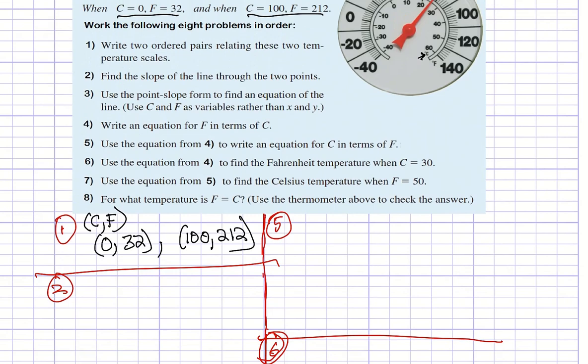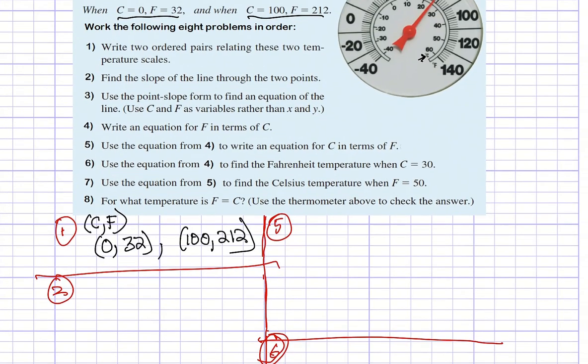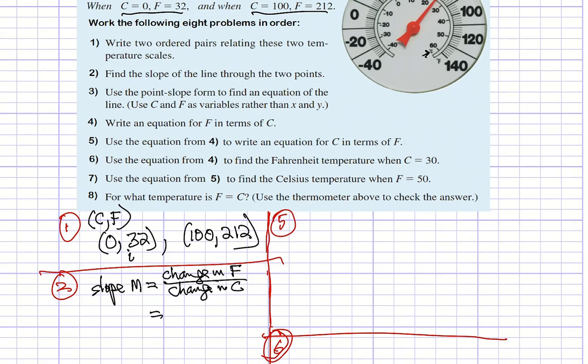Number two, find the slope of the line through the 2 points. So you have 2 points, so you can find the slope. Remember slope? Slope is m equals change in y over change in x. To say it appropriately here, slope is change in F over change in Celsius. We'll say this is initial, this is final.